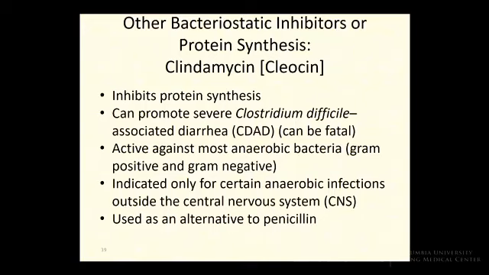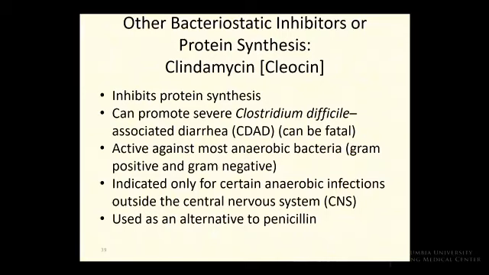Even when a drug is active against a broad variety of microorganisms, it doesn't mean it's the safest drug to treat those infections. Do you know what I mean? So clindamycin can be used instead of penicillin to treat certain infections. But if you don't have any allergies to penicillin, penicillin's a much safer alternative.